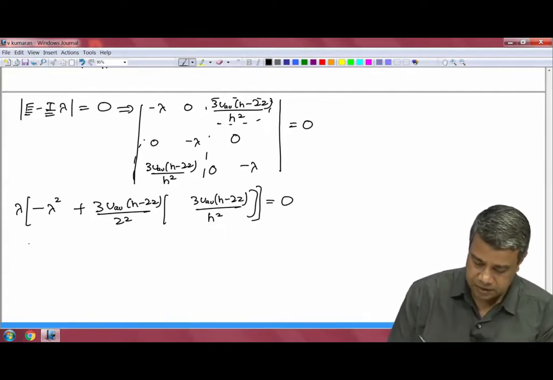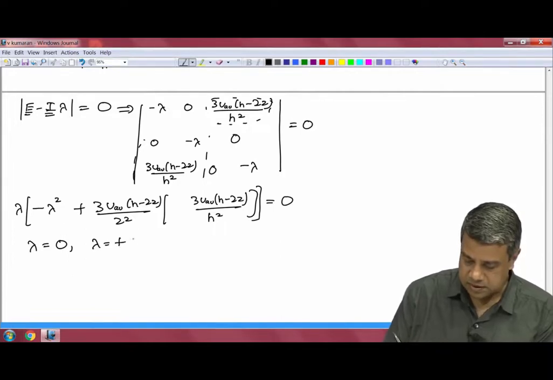Lambda is equal to 0, lambda is equal to plus 3 VAV, and minus 3 VAV.